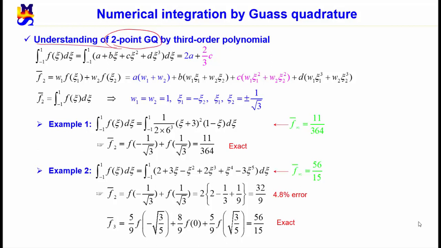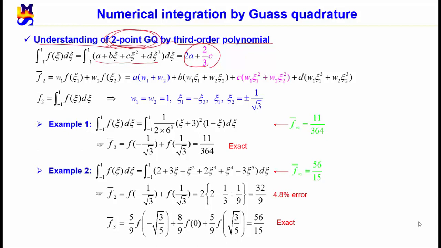Let's calculate the integration points and their weights for two-point Gauss quadrature in a simple way, using a general third order polynomial that is a plus b cosine plus c cosine squared plus d cosine cubed. By hand calculation, we obtain 2 times a plus 2 over 3 times c for the exact solution.